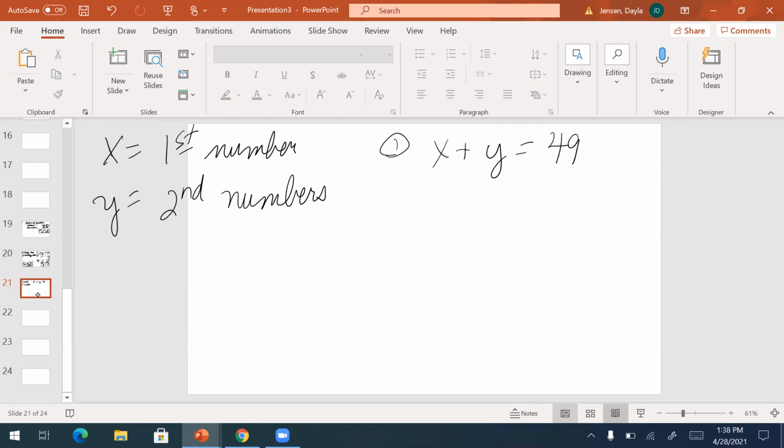The next sentence says the difference of those two numbers is 21. So there's my two equations, two variables and two equations.